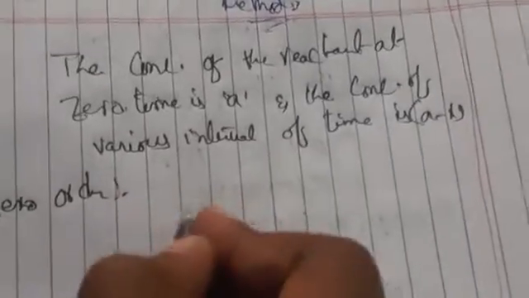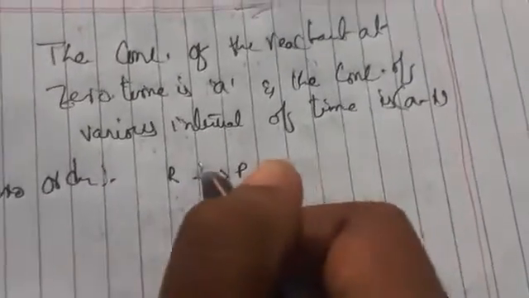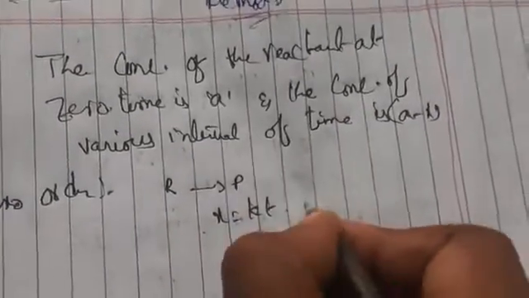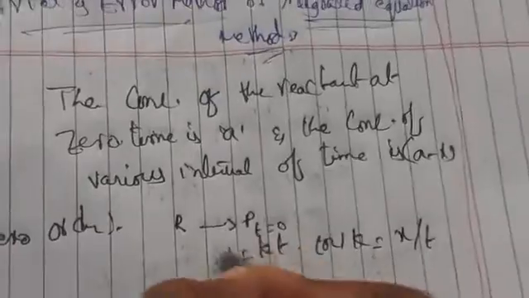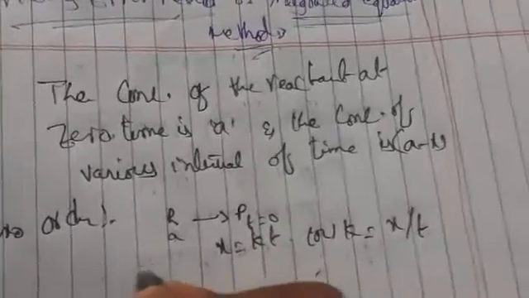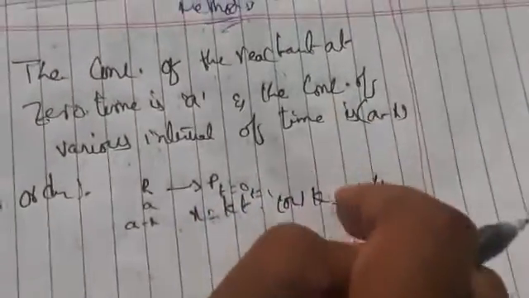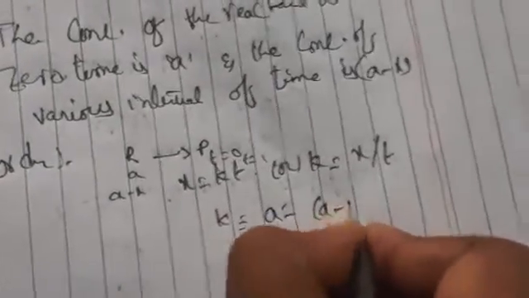For a zero order reaction, reactants give rise to products. So X is equal to Kt, or we can write K is equal to X by t. So this is the zero order reaction. At t equals 0, we have the initial concentration A. If A minus X is at some time t, then in the place of X we get A minus (A minus X) over t, so A will get cancelled.